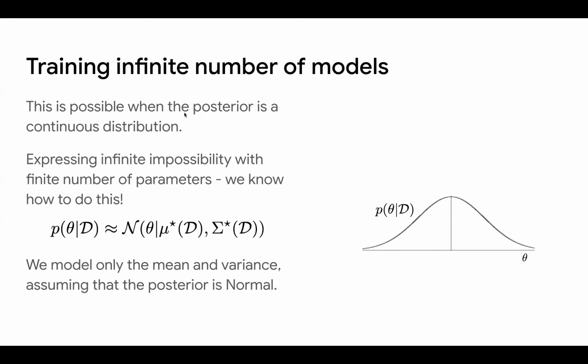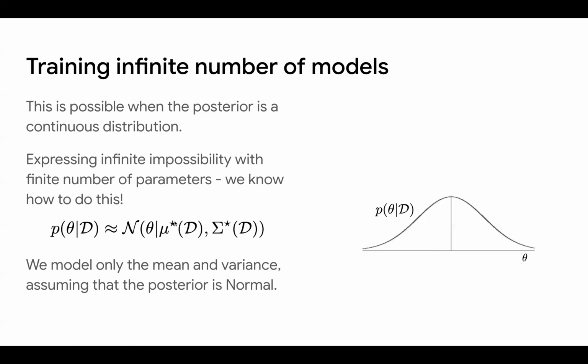Okay, so this is possible when the posterior is continuous, for example, like Gaussian. So we are assuming here that the posterior distribution is some form of Gaussian. Now this is a PDF notation, density function notation, where at value theta, the parameters are mu and sigma.